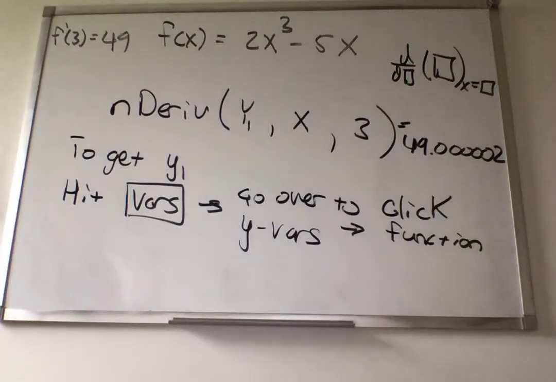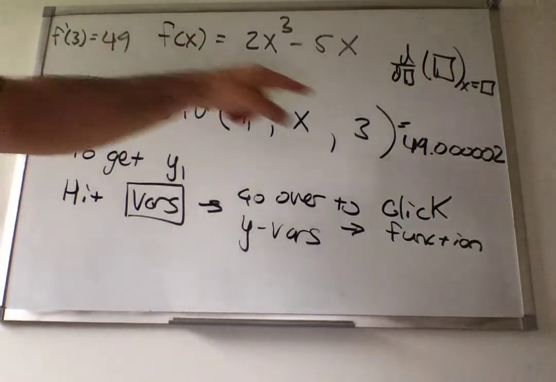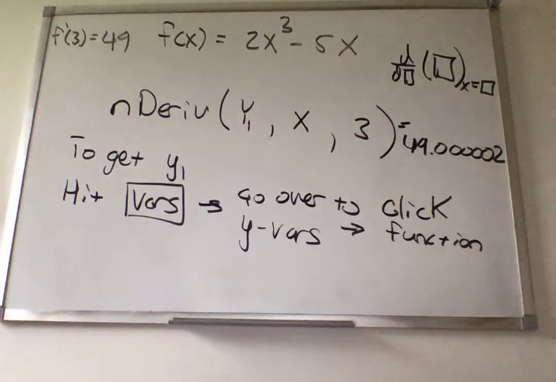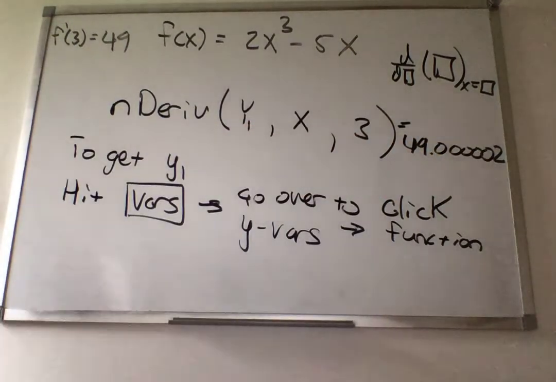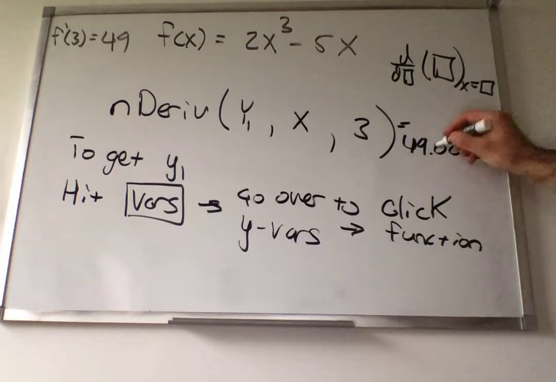Okay? Now, if you remember doing it by hand, we got 49. So this is a numerical derivative. It's approximating the derivative, and as you can see, it is very close to 49. It is very accurate. So you would just get rid of all this and just make this 49.